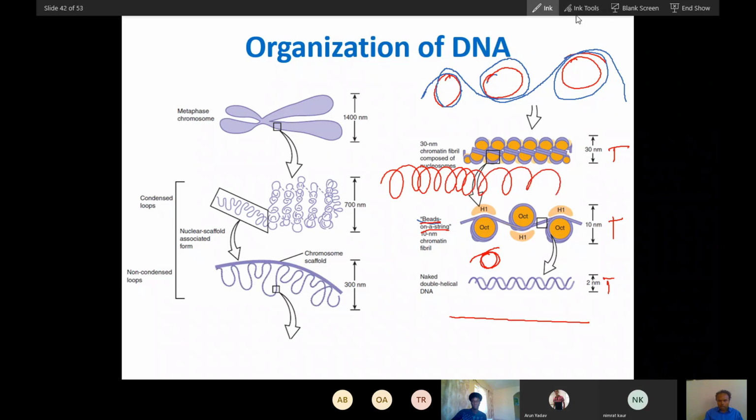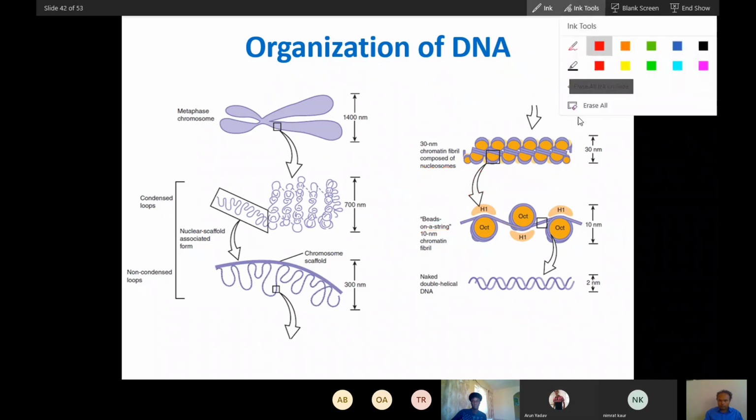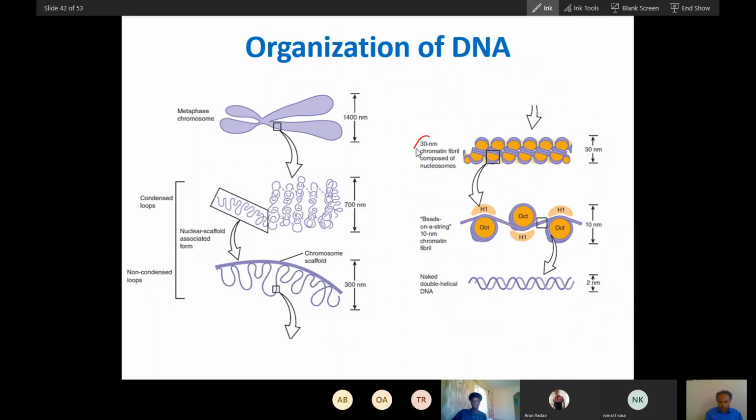This is a 30 nanometer chromatin, called the chromatin fibril. So this is the bead on string structure, and this is the chromatin fibril.